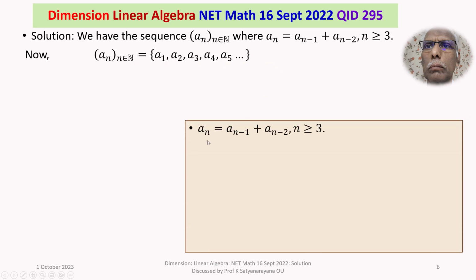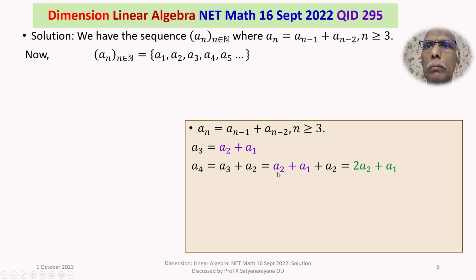Now, we take the Fibonacci condition, a_n is equal to a_{n-1} plus a_{n-2} for n greater than or equal to 3. Then we get a3 is equal to a2 plus a1. The next term, a4 is equal to a3 plus a2.